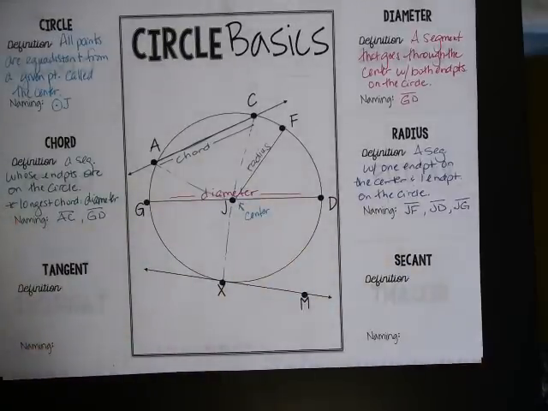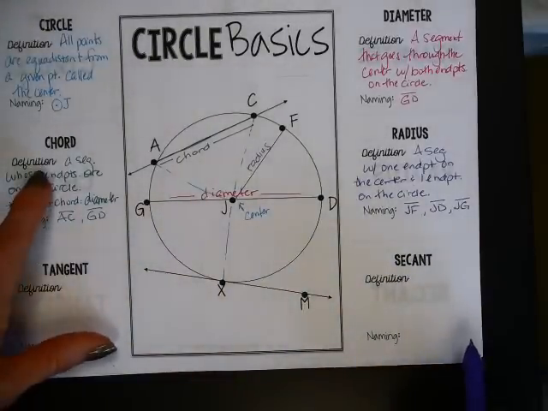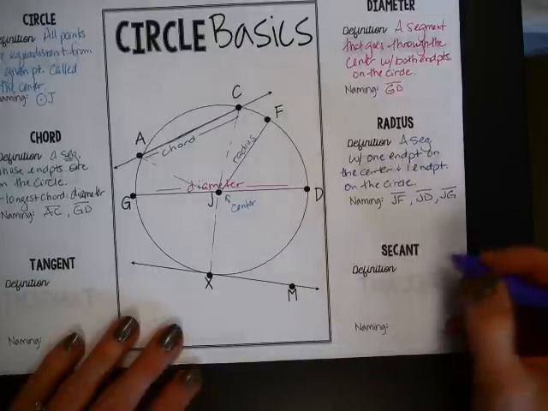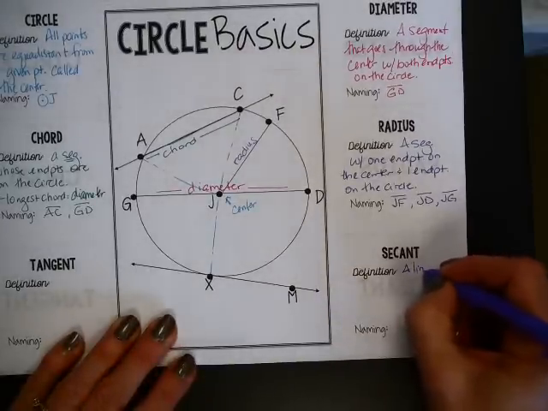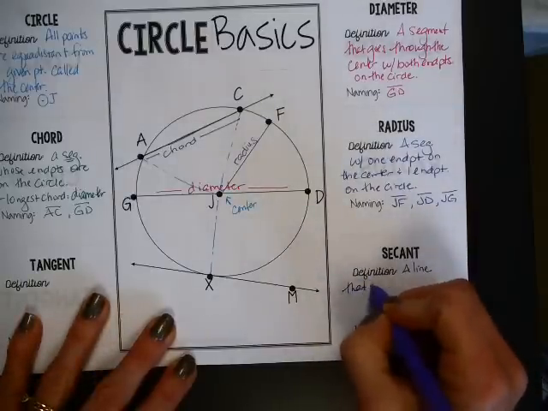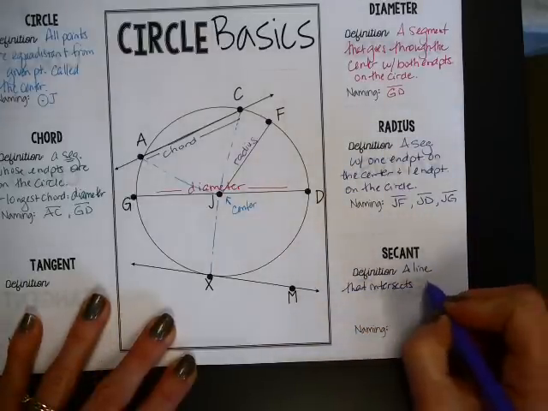Secant and chord are similar, except where a chord is a segment, a secant is a line. Is a line that intersects a circle at 2 points.